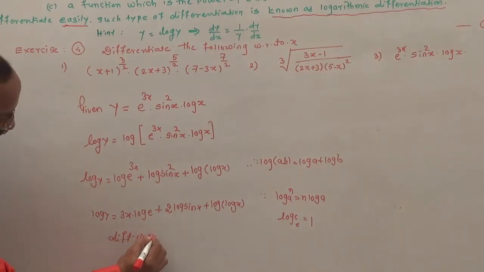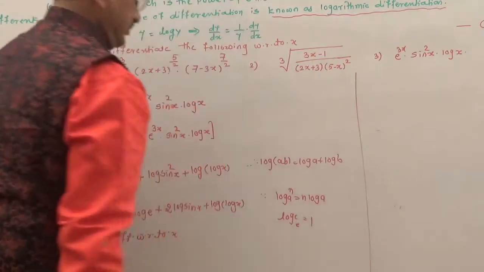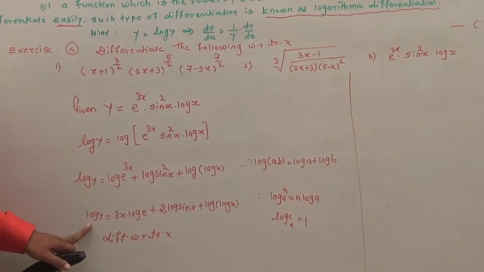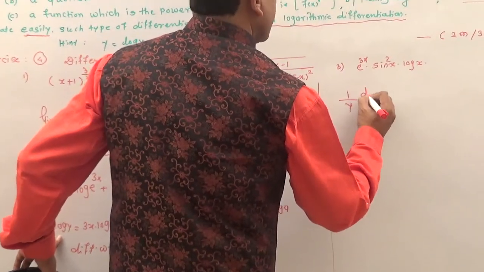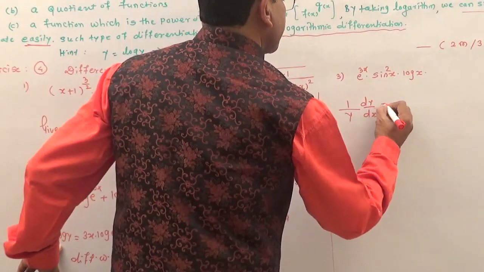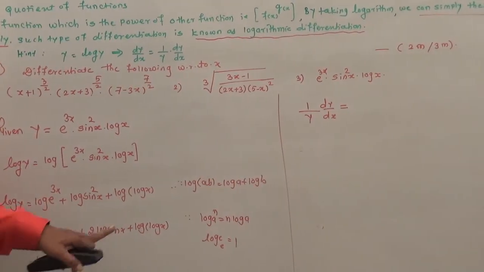Now differentiate this function with respect to x. Derivative of log y is 1 upon y into dy by dx, equal to 3x, log e to the base e is 1.